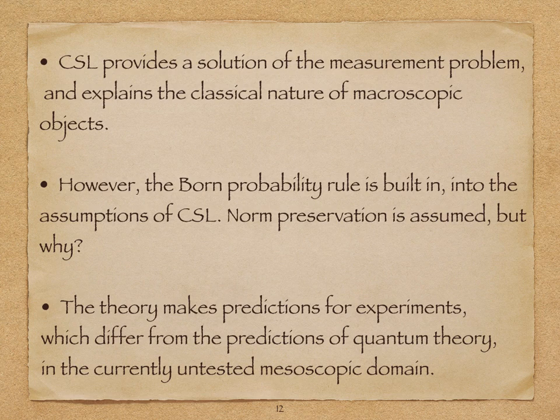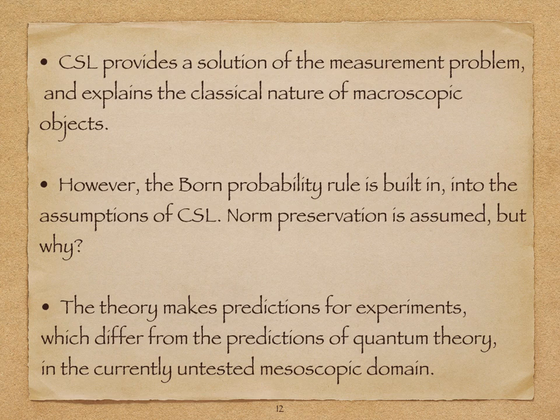You will lose the conservation of norm in a non-linear theory unless you impose it by hand as a condition, but then it becomes a deep question. Why should norm be preserved in a nonlinear theory? I mean, we know we want the Born rule out, but we want to prove the Born rule. We don't want to take it as an experimental input. So we'll come back to this in the later lectures. But as far as CSL is concerned, the Born rule is really built in, it's not proved.